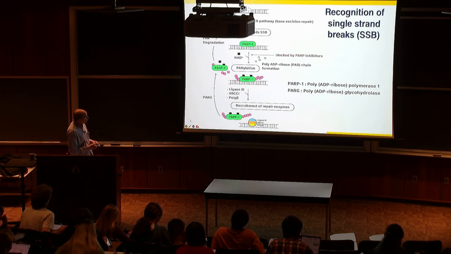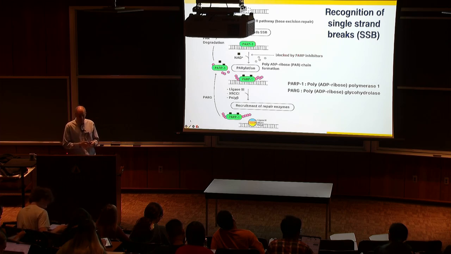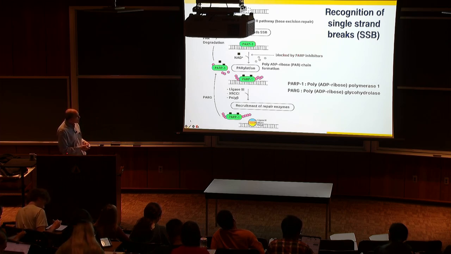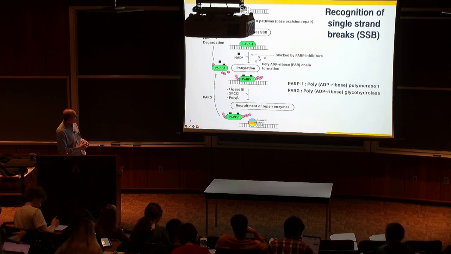It forms these long chains of poly-ADP ribose. It's kind of weird, but it ligates them onto itself and onto other proteins. And that's the signal that it's time to repair these single-strand breaks. And then when they're repaired, there's another enzyme called PARG, poly-ADP ribose glycohydrolase, which takes off these little pink balls, the poly-ADP ribose, and restores the system back to its ground state.